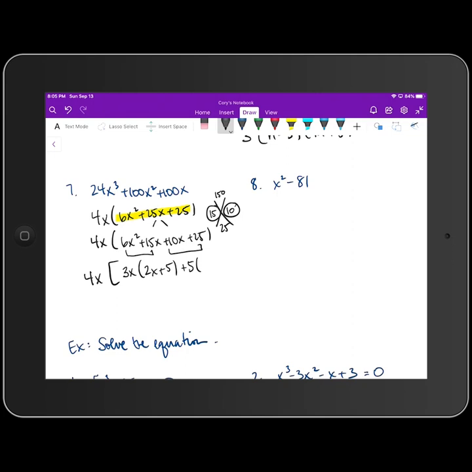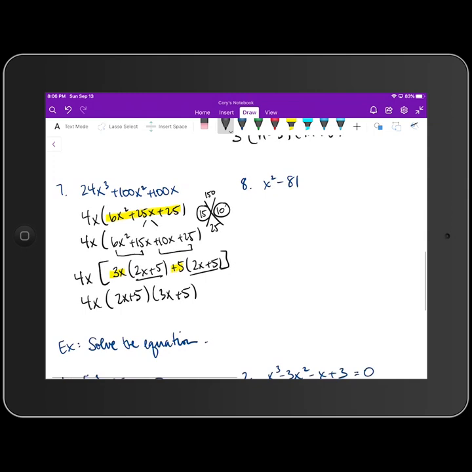When I factor that out, that leaves me with 2x plus 5. Okay, so 2x plus 5 is the common factor. So when I factor out 2x plus 5, that leaves me with 3x plus 5. So that is our next factor. Okay, so that expression is going to factor to 4x times 2x plus 5 times 3x plus 5.